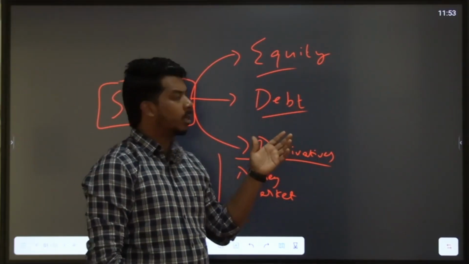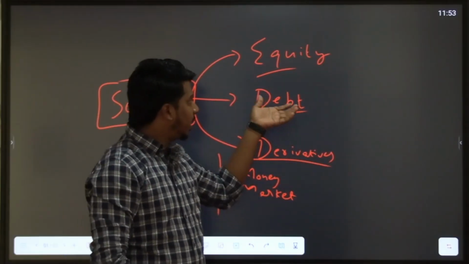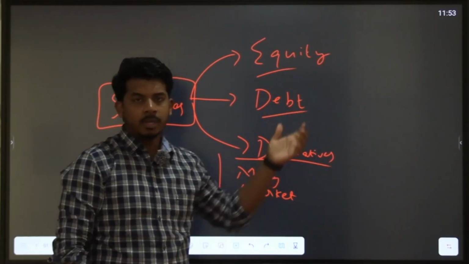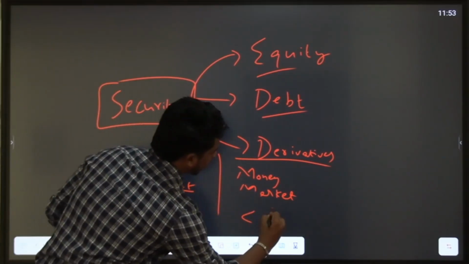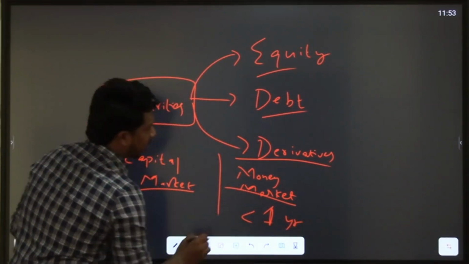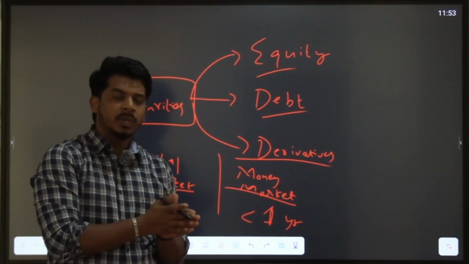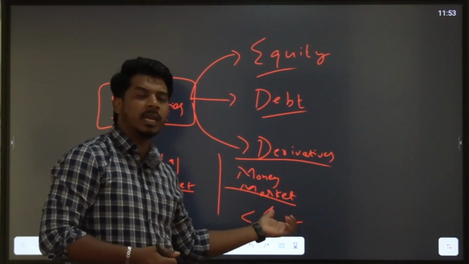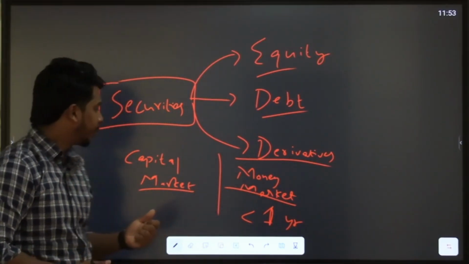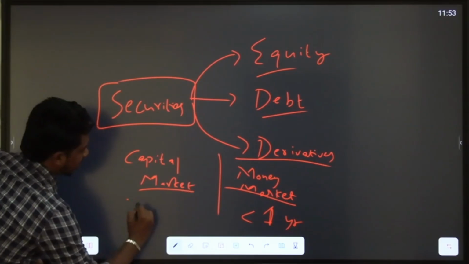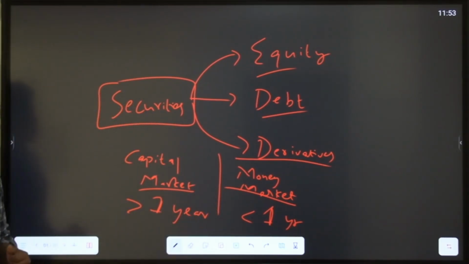I will give you a loan, what is the duration of the loan? So these are related to tenure, terms. If the time period is less than 1 year, it comes under the money market. All financial instruments dealing with less than 1 year are a part of the money market, like treasury bills. Then all the financial instruments which are more than 1 year come under the capital market.